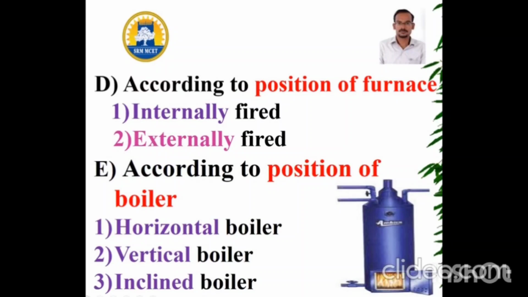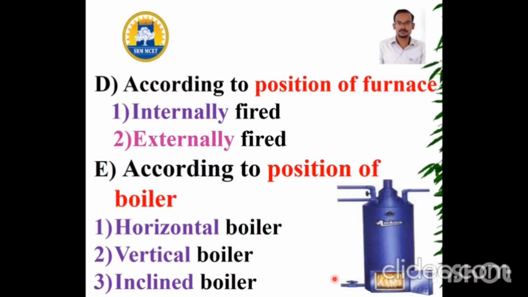The internally fired boiler has the furnace inside the boiler, whereas externally fired means the fuel is burned externally. When coal is used as a fuel, it is burned externally before getting into the boiler.